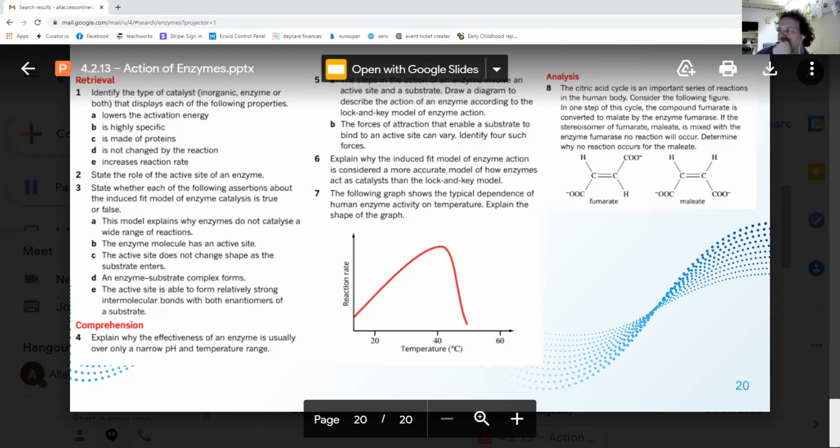Okay, so everything we've spoken about here, enantiomers, the induced fit model, can be used to answer question 8.